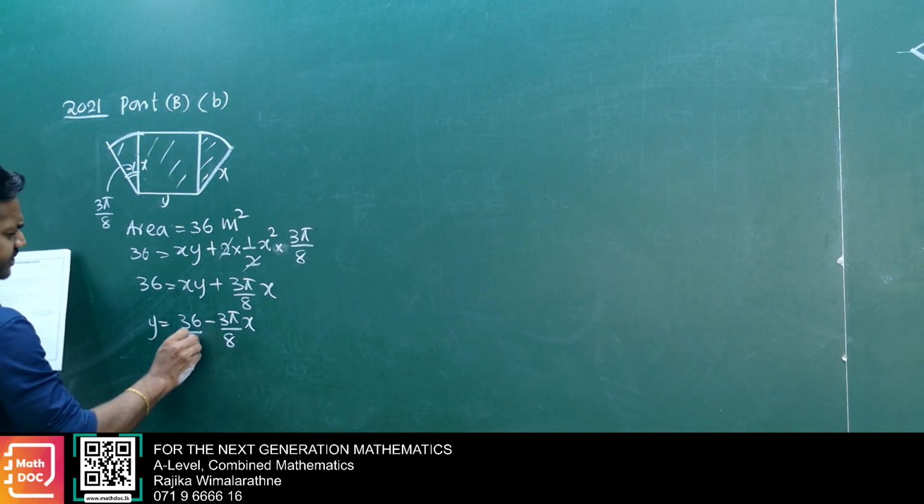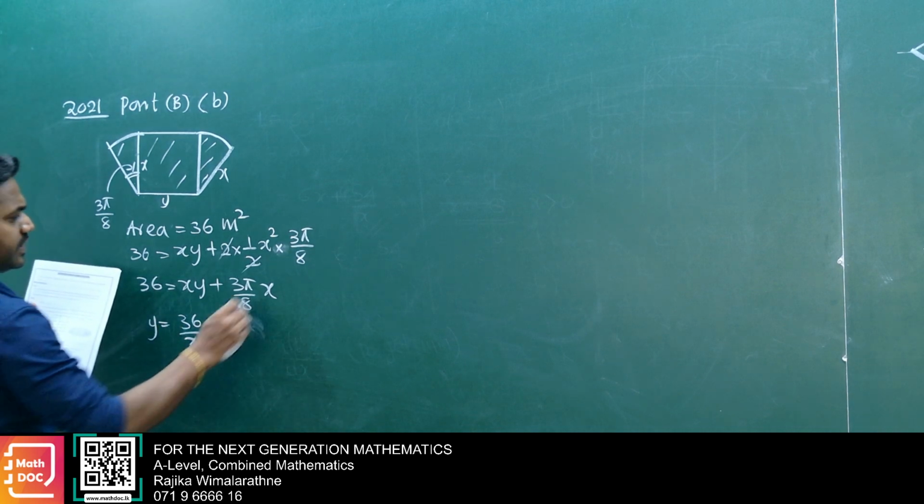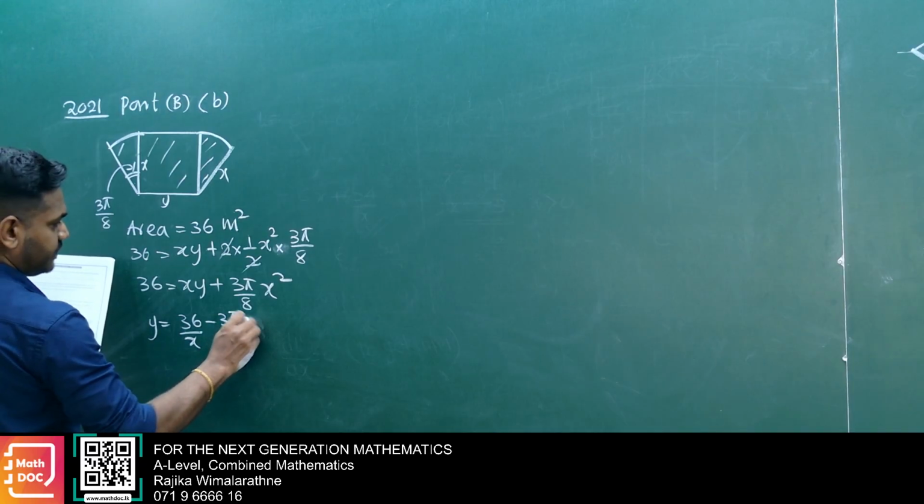Now divide by x. Here it is: y equals 36 over x minus 3 pi over 8 x.